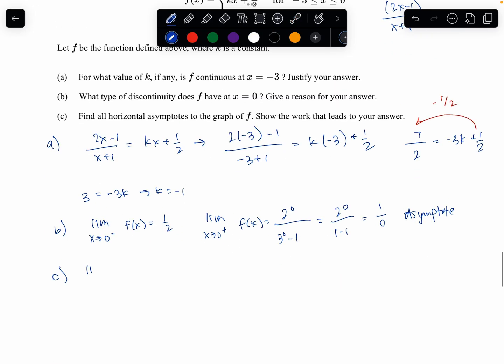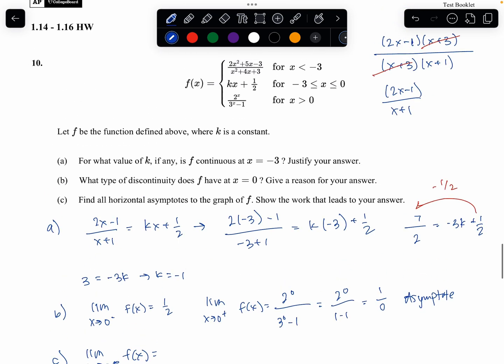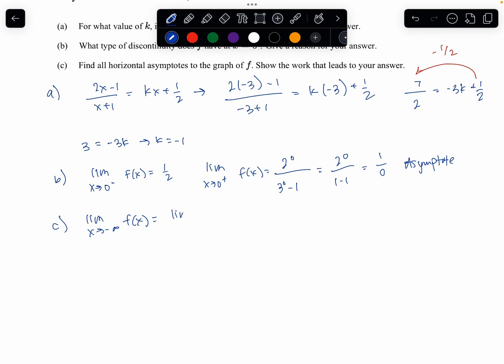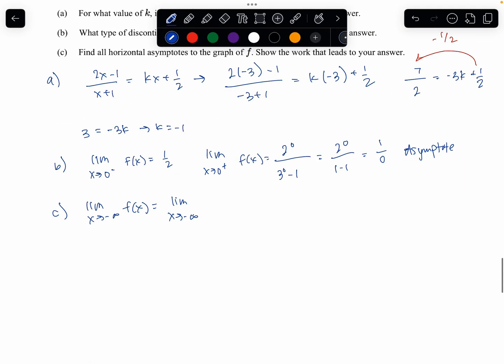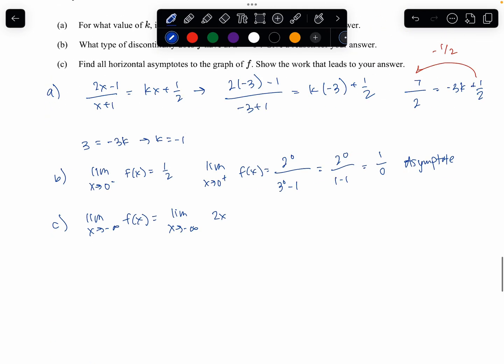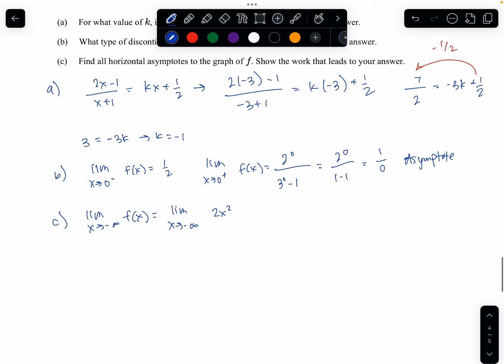So the limit as x approaches negative infinity of f of x is going to be equal to the limit as x approaches negative infinity of 2x squared plus 5x. I'm not going to worry about that.